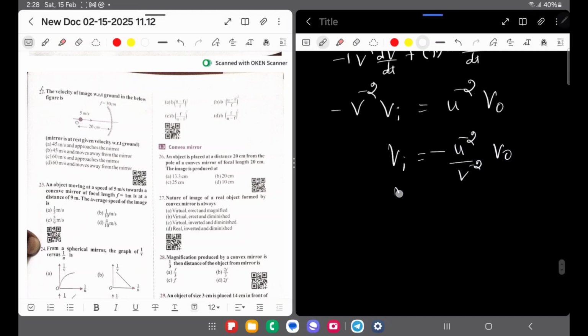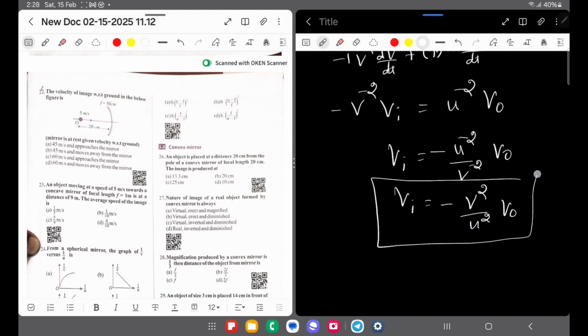Inverting the powers by bringing them to the numerator and denominator, I get minus v square by u square into v naught. This is the relationship we got between the velocity of the object and the velocity of the image for spherical mirrors.